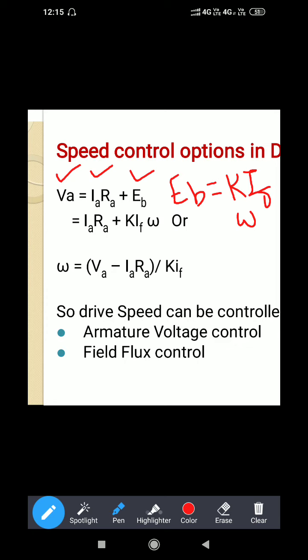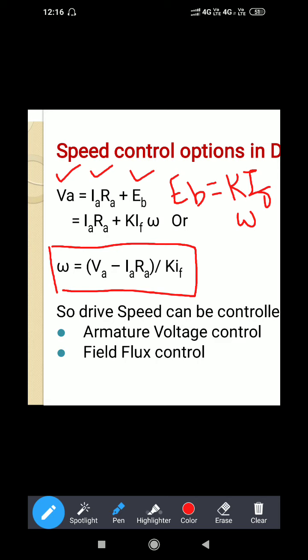So this is the voltage equation, and if we rewrite it in terms of angular speed omega, we'll get this equation. You can read here: omega, the angular speed, equals armature voltage VA minus armature voltage drop IARA, upon K times IF. From this equation we are going to conclude how we can control the speed of DC motor, right?